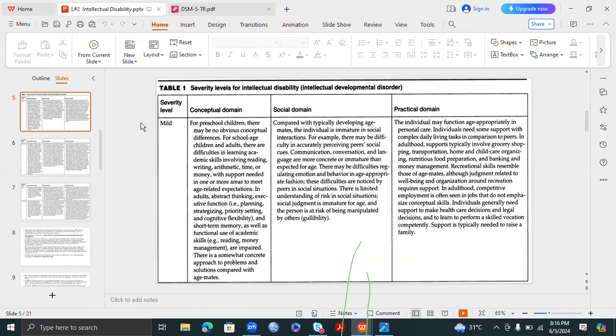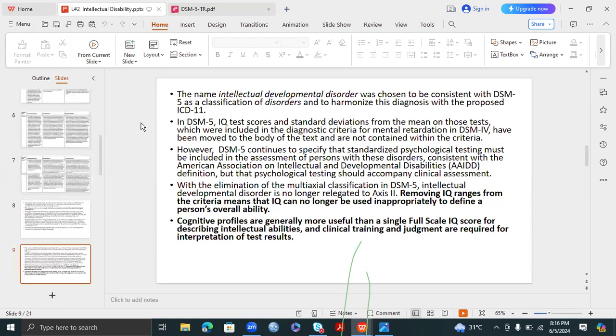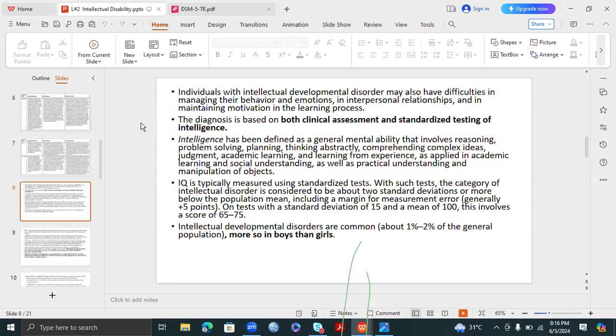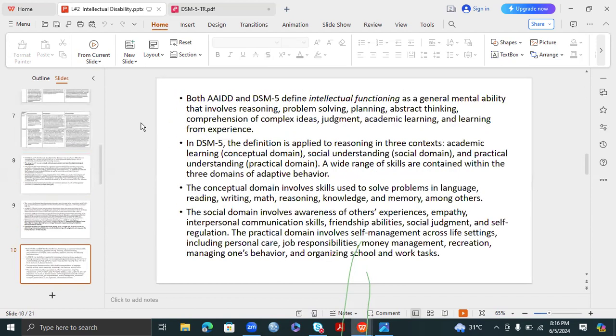If I'm talking about the conceptual domain, it will include your daily living skills regarding problem solving in language, in reading, in writing, in reasoning regarding the maths calculations, in your knowledge and your memory.